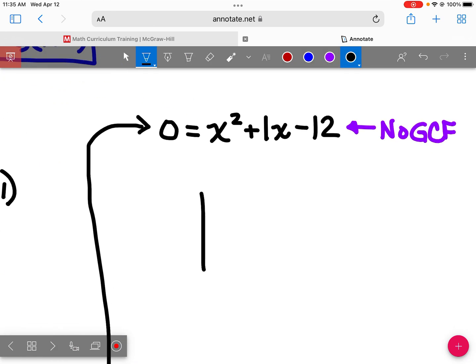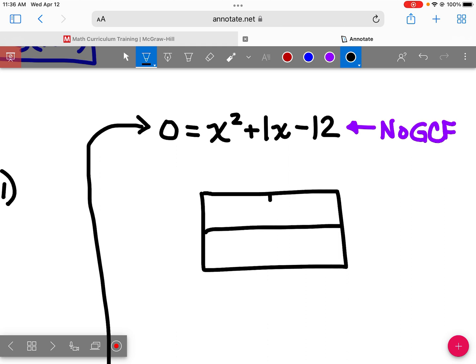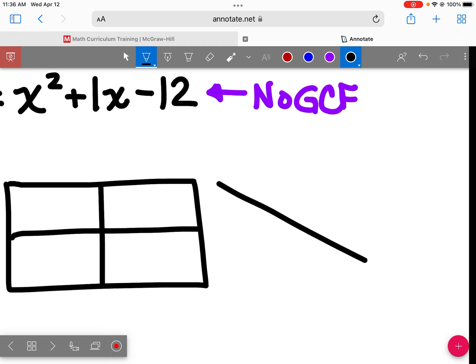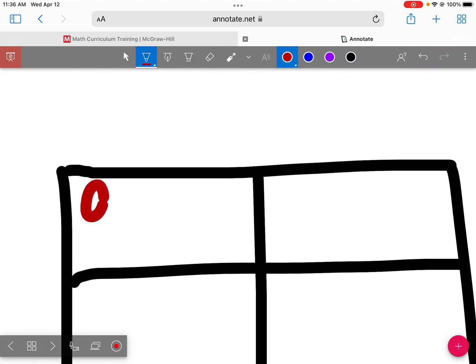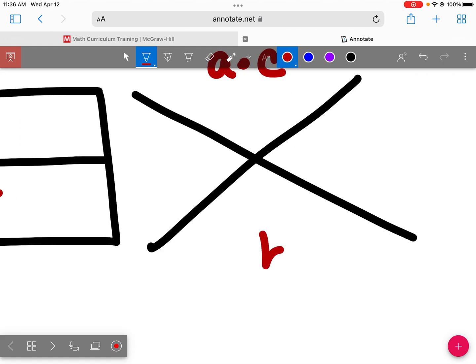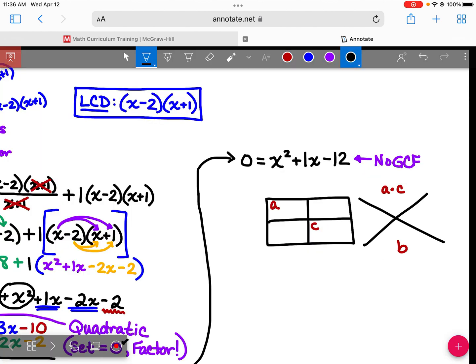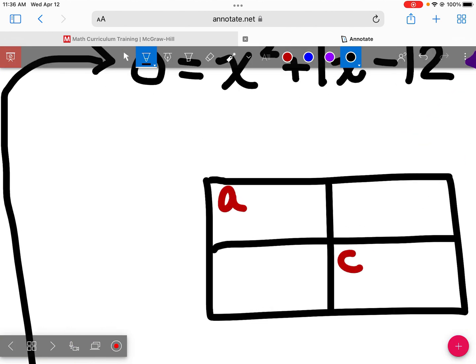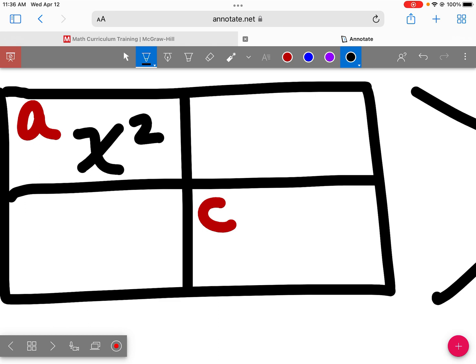All right, so make my area model here. Make my X here. A goes here. C goes here. We multiply A and C together up on top of the X. We put B down on the bottom. What goes in my A box? X squared. What goes in my C box? Negative 12.